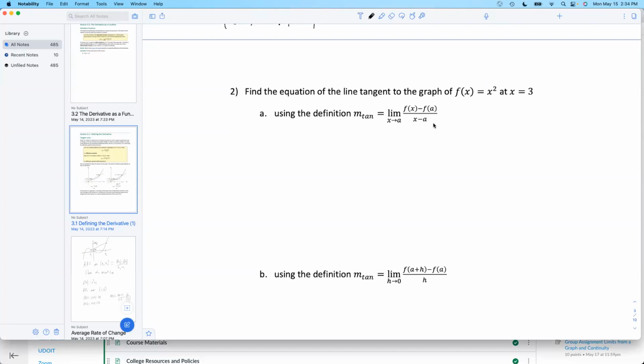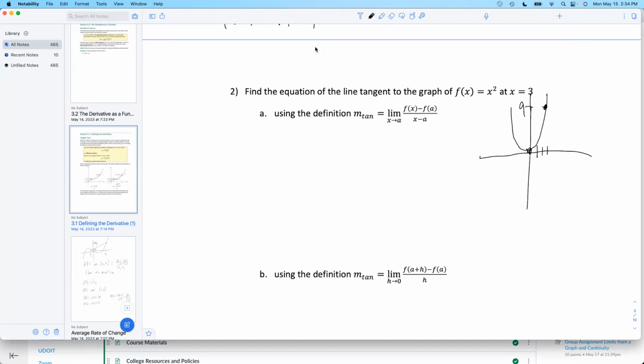and find the derivative, the slope of the tangent line at x equals 3, using both different definitions, just so you can see you get the same answer. So if we look at the graph, we're talking about right here at that point.